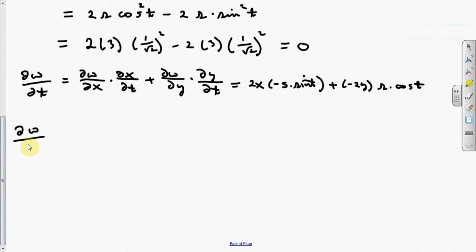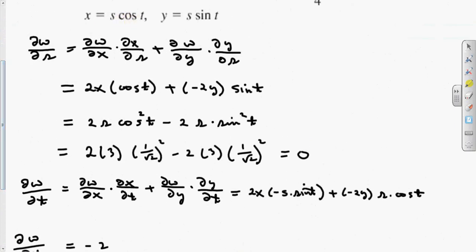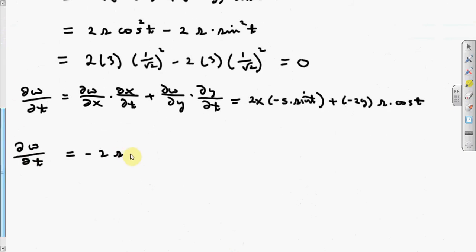So this partial of w with respect to t. We clean that up. That's negative 2 times x. X is s cosine t, times this s sine t.